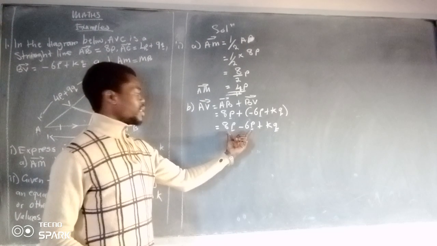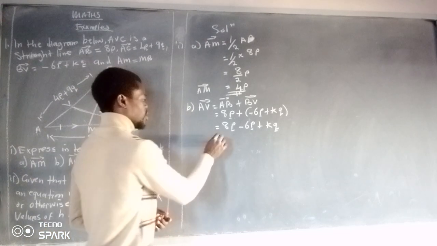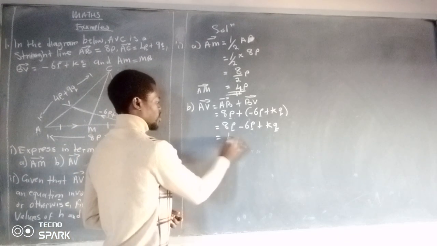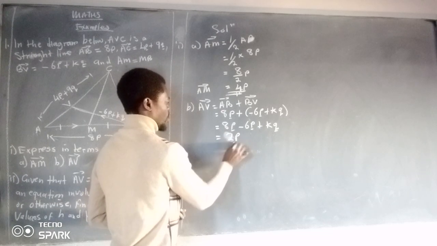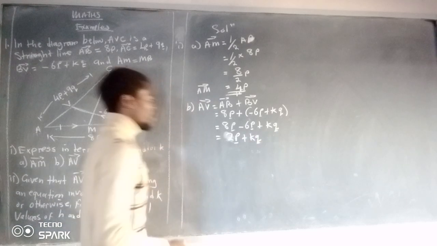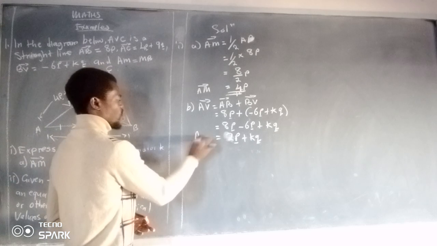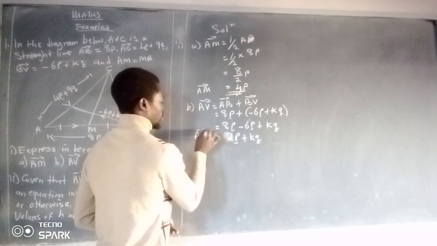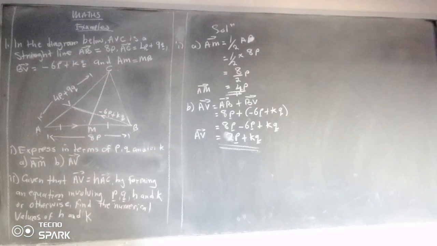So we're going to subtract 8P minus 6P. It will give us 2P plus KQ. So this is your AV. That is our AV that we have found.